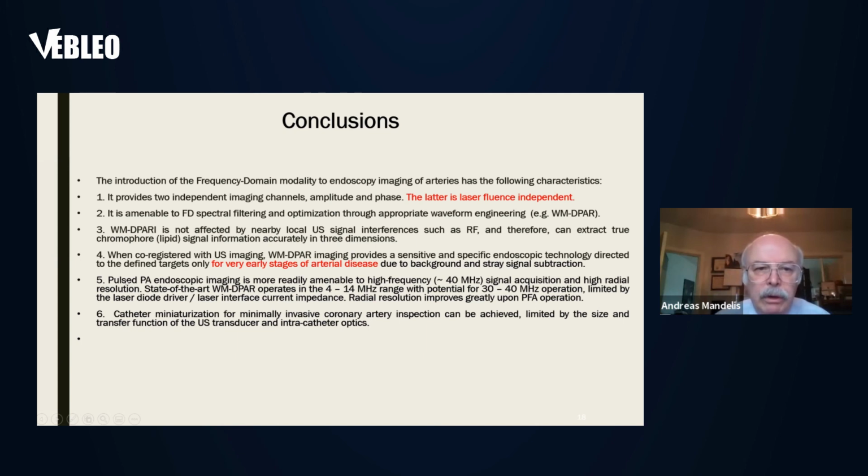Now, when we're co-registering with the ultrasonic imaging, remember, I'm getting an ultrasound and the ForAcoustic signal, both of them one on top of the other. So the co-registration of the two provides a very sensitive and specific endoscopic technology.